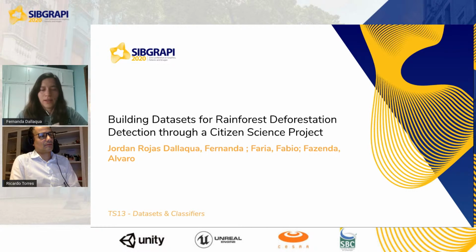Using the mask-slick segmentation, we had more than 4,000 segments. But sending 4,000 segments to the volunteers is very expensive. So for this experiment, we manually selected only 92 segments that had some pixels of non-forest areas, or areas deforested according to PRODES, and a few other segments that had only forest pixels.